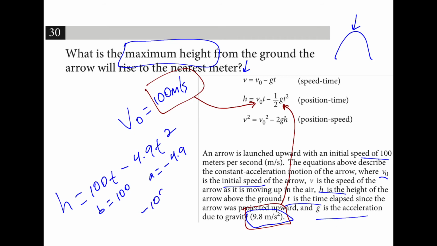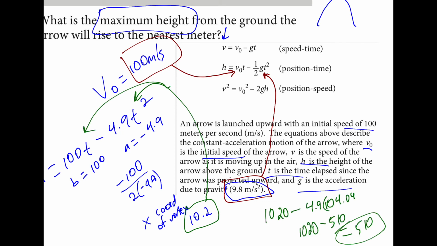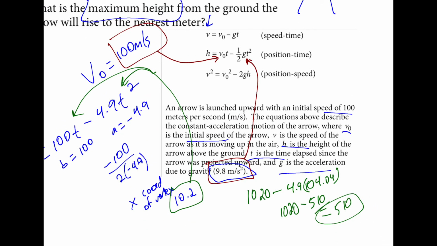So negative 100 divided by 2 times negative 4.9. This tells me the x-coordinate of the vertex, which is about 10.2. If I take that coordinate and plug it back in for t in this equation, I get an answer of 510 after I simplify everything. And that is the maximum height, the y-coordinate of the vertex.